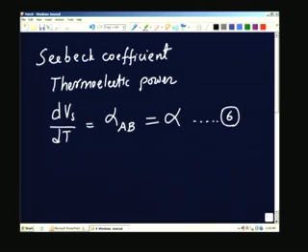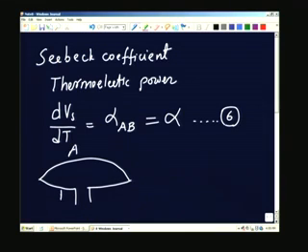Let me just digress a little bit and try to give a meaning to this. Suppose I have the following circuit. This is A, this is B, the Seebeck voltage is going to appear there. Let us say this is T and this is T plus delta T. So, dVs by dT is nothing but the elemental change: there is a very small difference in temperature between junction 1 and junction 2.